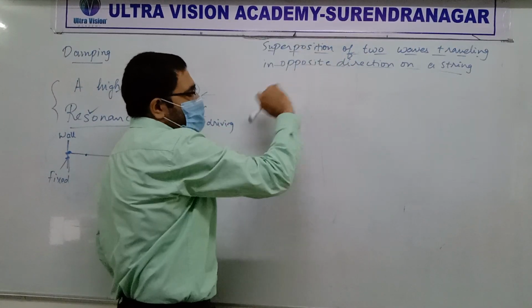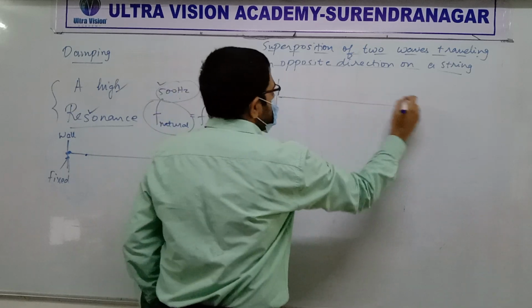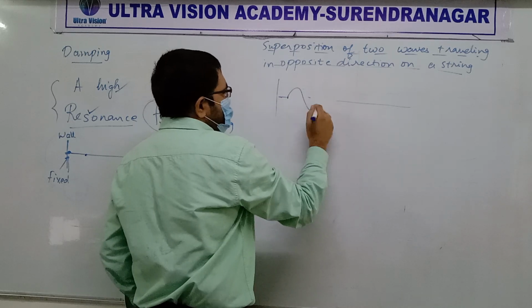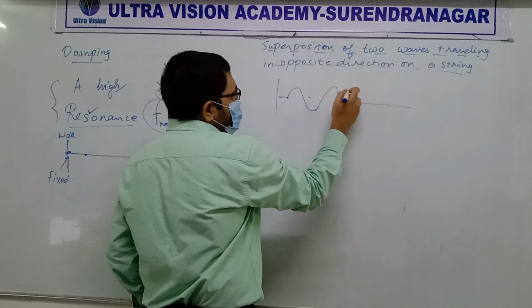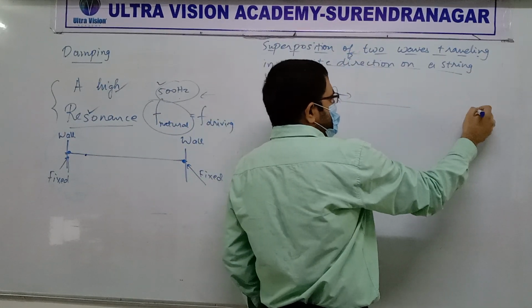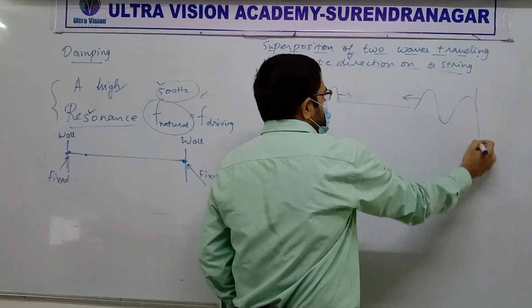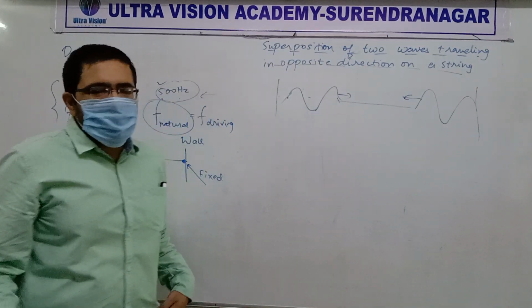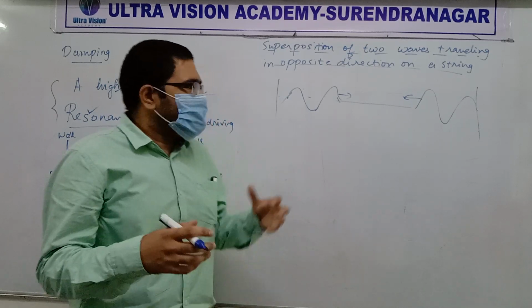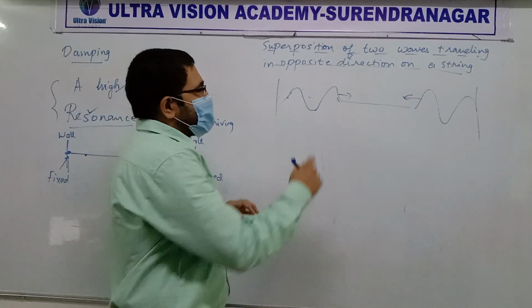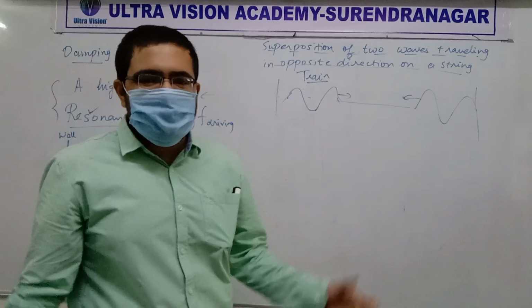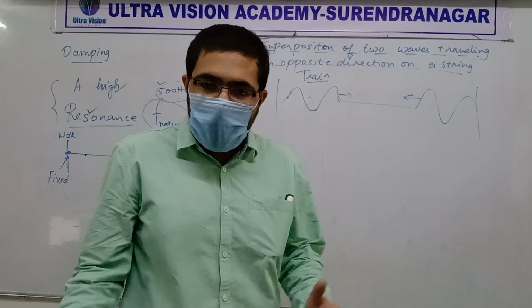It's saying that on one string there is a wave traveling in this direction. Let's say it's not just one wave pulse, but a wave train. There is a wave traveling in one direction, and there is also a wave traveling in the opposite direction. When these two superpose, or come together at one point, obviously these will continuously be flowing. Again, I am saying wave train. Both of these are wave trains. They are continuously being generated somehow.